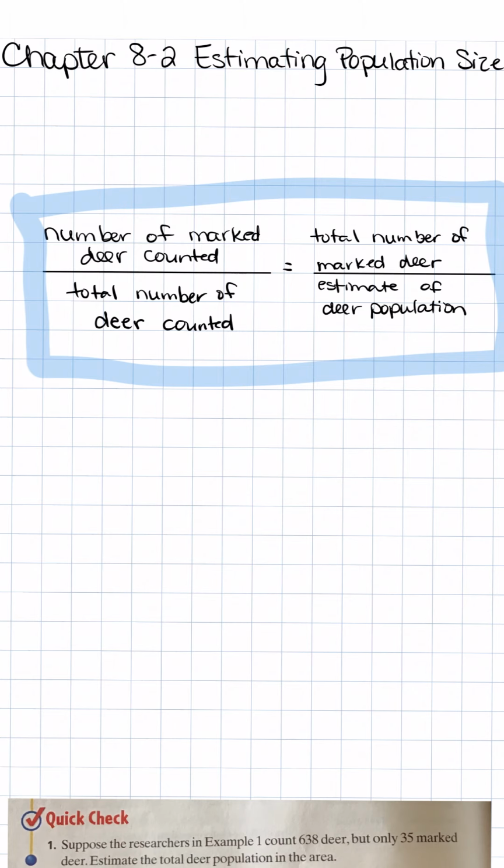Researchers count 48 marked deer, and a total of 638 deer on a flight over an area.